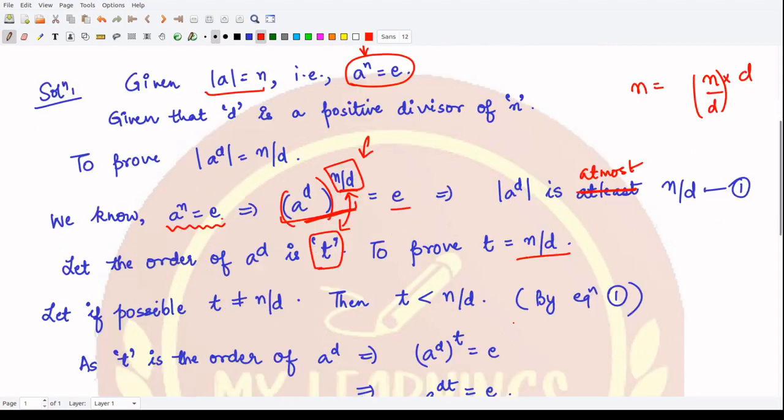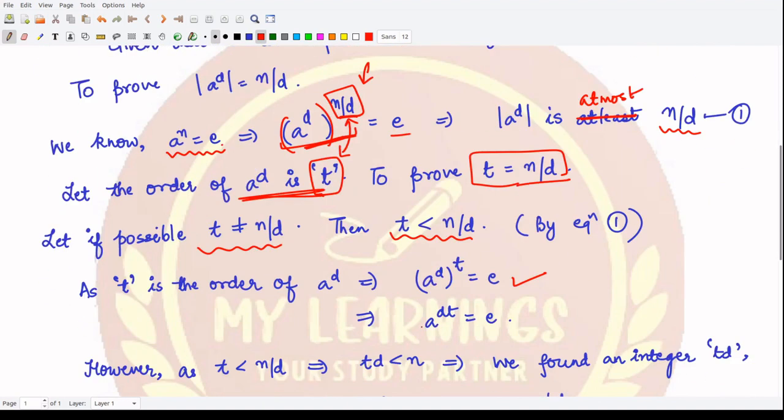We first of all assume that t is not equal to n by d. If it is not equal to n by d and the order can at most be n by d, hence t has to be less than n by d. Because we have assumed t to be the order of A raised to power d, when you take A raised to power d raised to power t, it is equal to e.